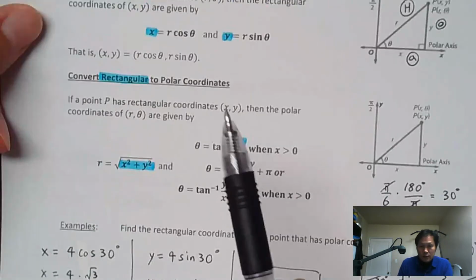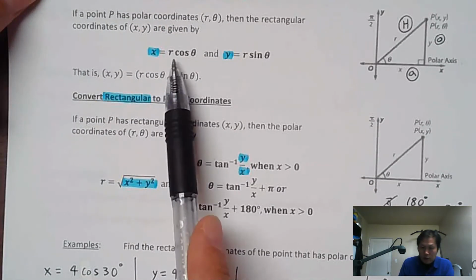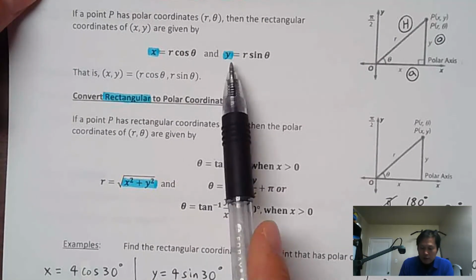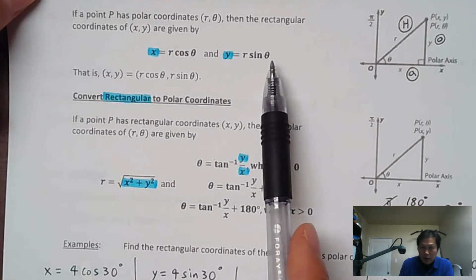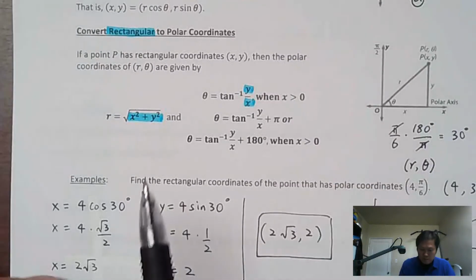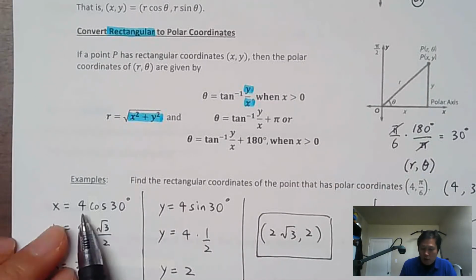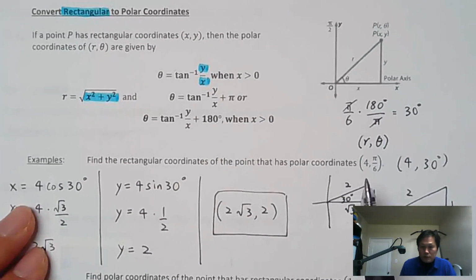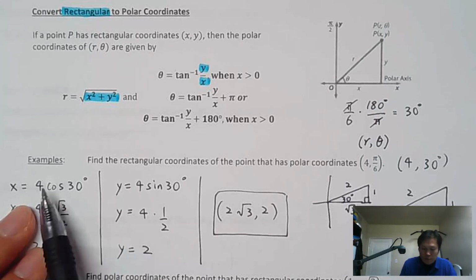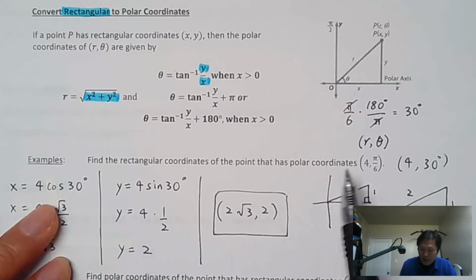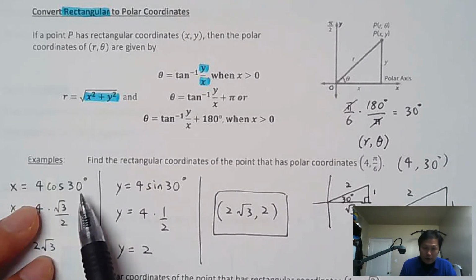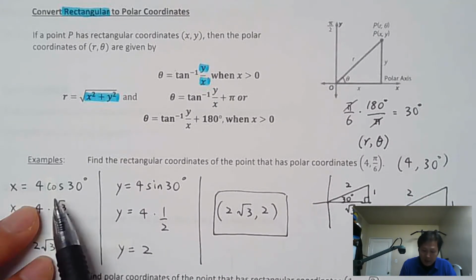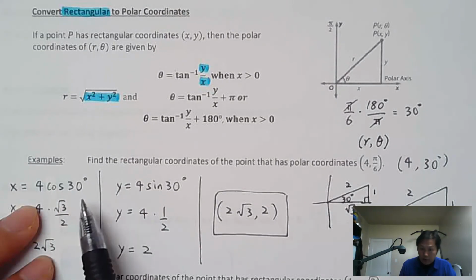So if you look at the formula, x equals r cosine theta, y equals r sine theta, I'm just applying the formula. X equals r, which was 4, so 4 times cosine theta, which we just converted to 30 degrees, so cosine 30 degrees. How do you calculate cosine 30 degrees?